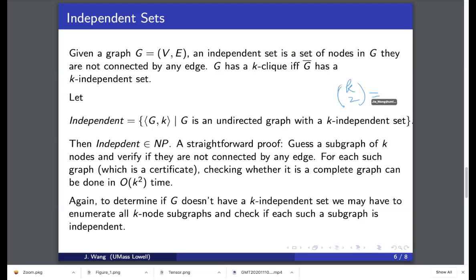So that's big O of k squared. That is the verification time, so it is in NP. So this part is not too hard.